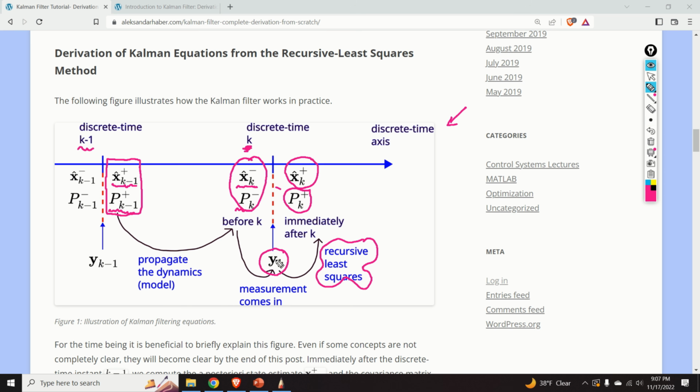Then we take into account the measurement and use the recursive least squares method to compute the a posteriori estimate and the a posteriori covariance matrix for the time instant k. And that's the main idea. Propagate the dynamics, take the measurements, use the recursive least squares method to update and to compute the a posteriori estimates.